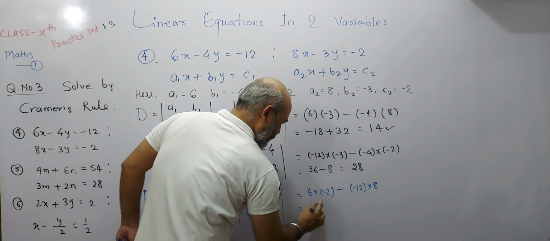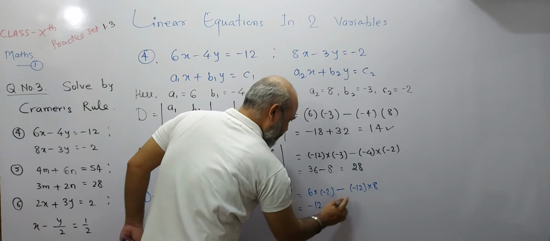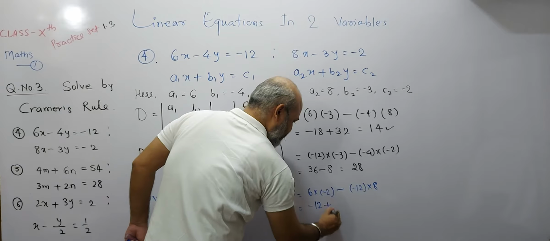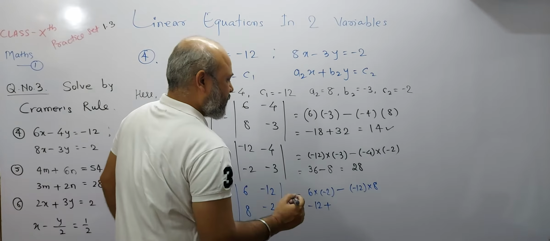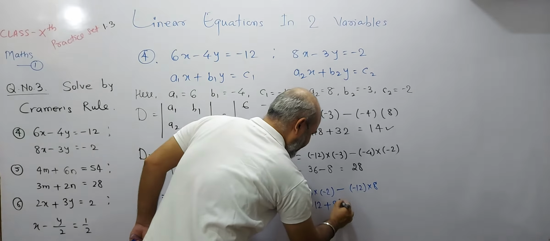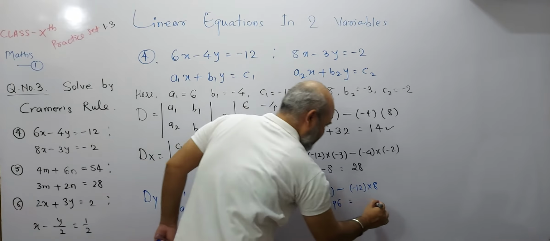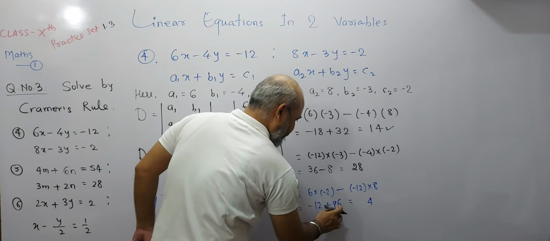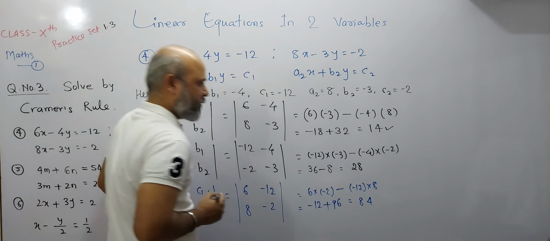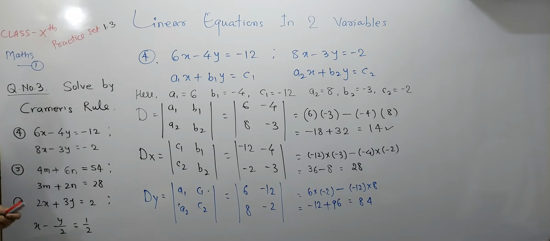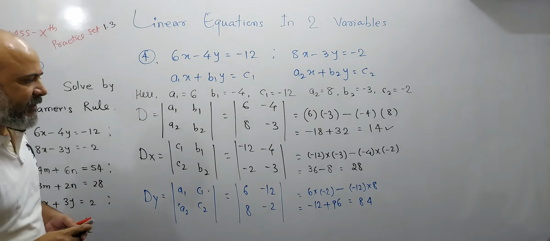So this will be what? Minus 12. Because of this minus, it becomes plus. 12 8s are 96. And you will get the answer. This will be 6 minus 2, 4 and 9 minus 1, 8. 84. So here you will get the value of Dy is 84.